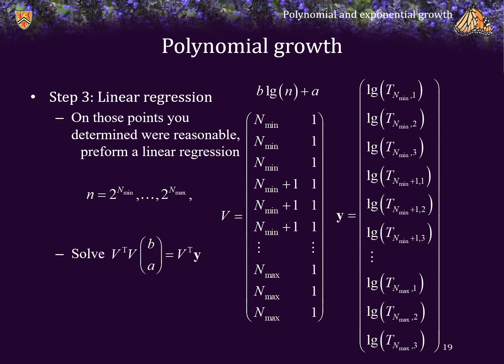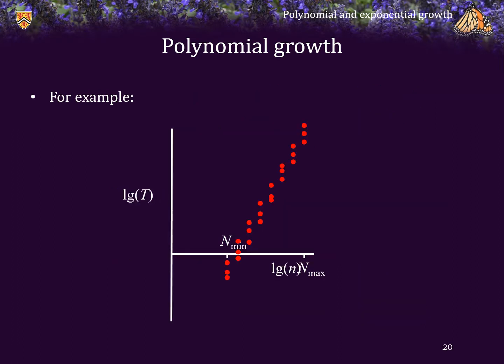We will then solve this system for both b and a. So for example, given this restricted range, we find the least squares best fitting line, and it appears to be approximately 1.572 times log base 2 of n, minus 4.325.